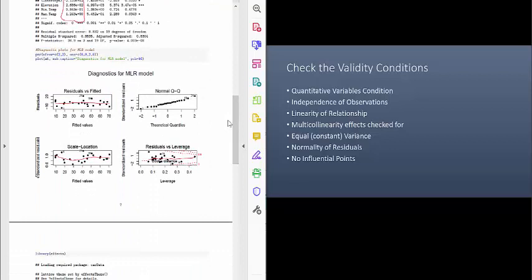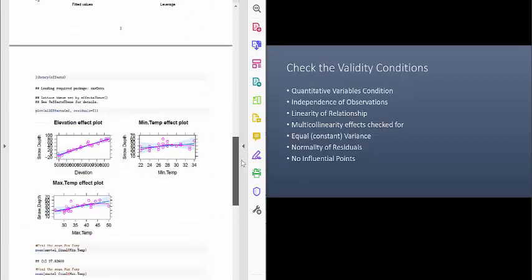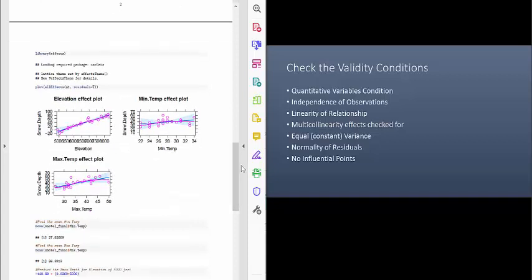In the residuals versus fitted plot, again, we have a nice straight line here showing no evidence of a curve. So we have little evidence against linearity. And we can also look at the partial residuals in the effects plots. Again, we're not seeing much evidence against linearity based on these plots, as there are no patterns in the partial residuals.